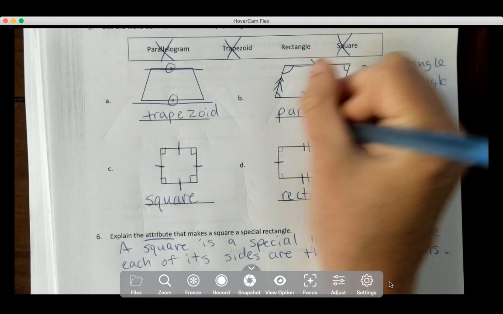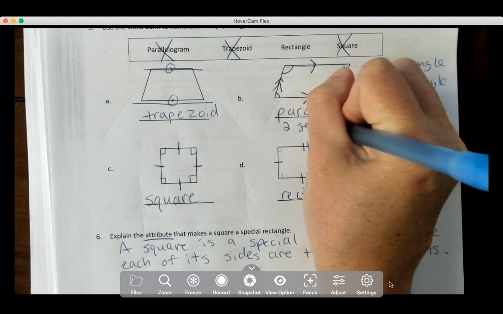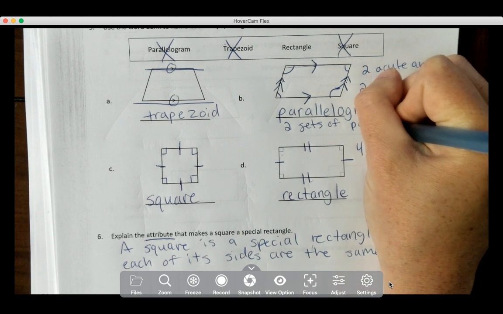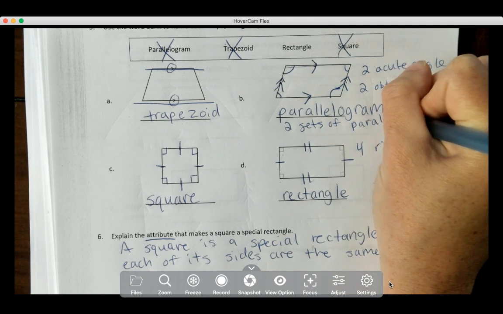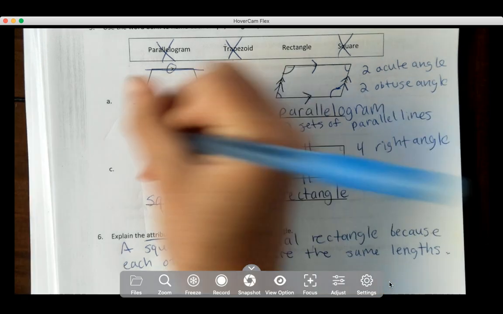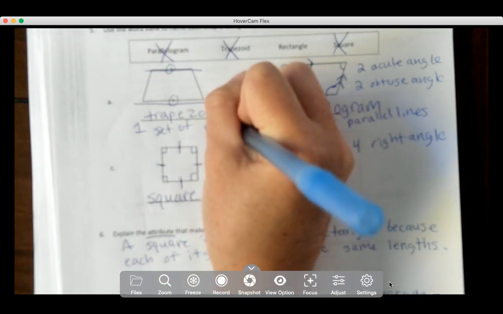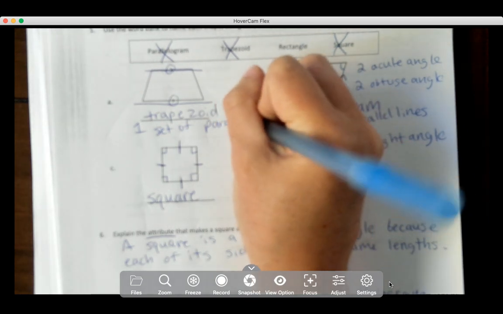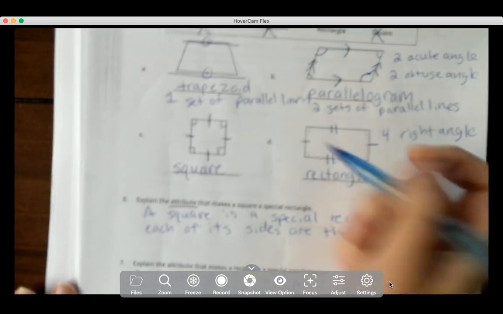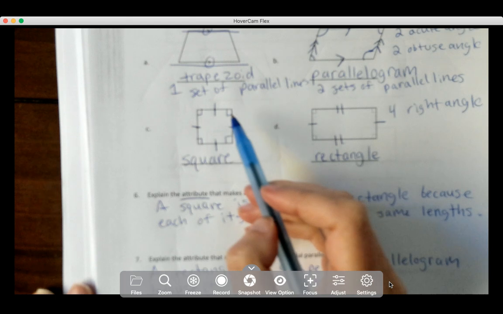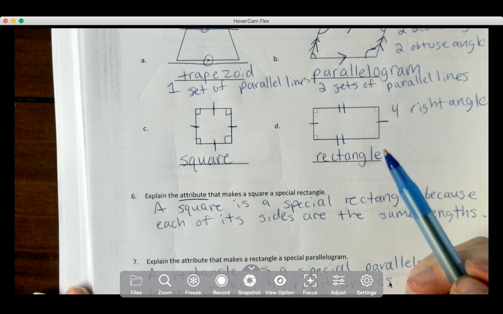So even if you want to write that, 2 sets of parallel lines, 1 set of parallel lines. In a square, you can say all sides are equal and has 4 right angles.